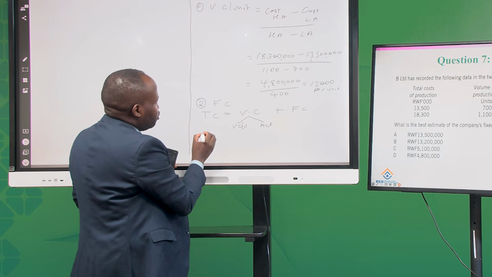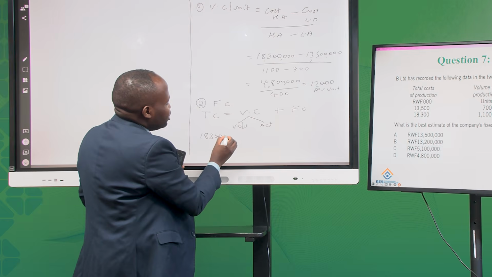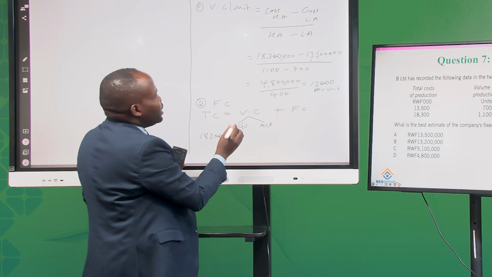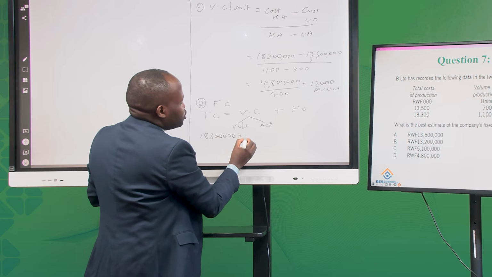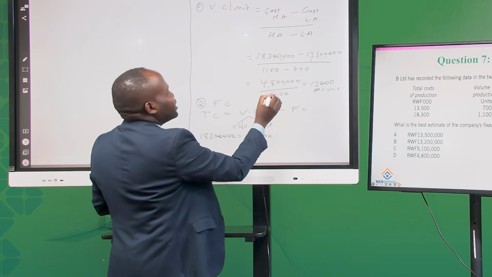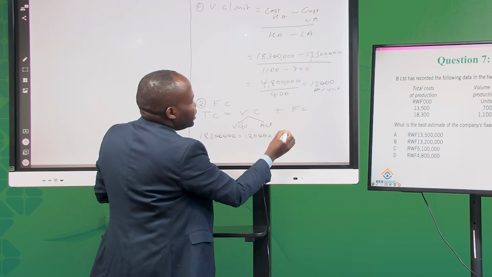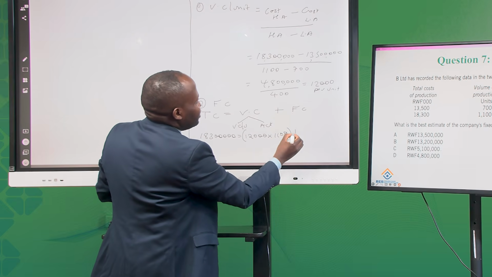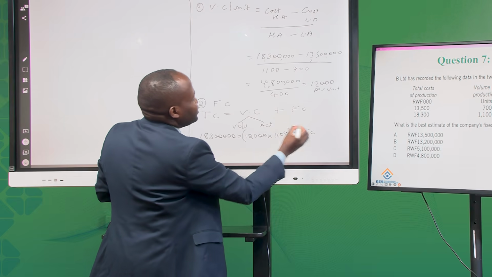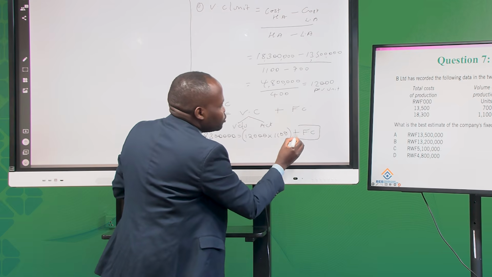So if total cost is 18,300,000, it will be equal to variable cost per unit of 12,000 times activity of 1,100, and then you add what? Fixed costs. So note that fixed cost is what we are looking for.